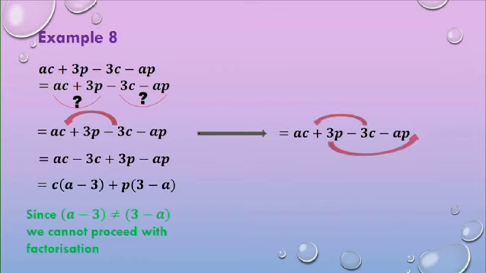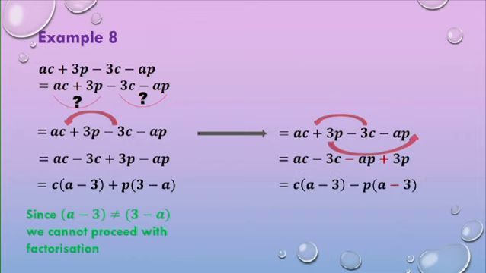As you can see here, we are taking the plus 3p at the end. So we are having ac minus 3c minus ap plus 3p.